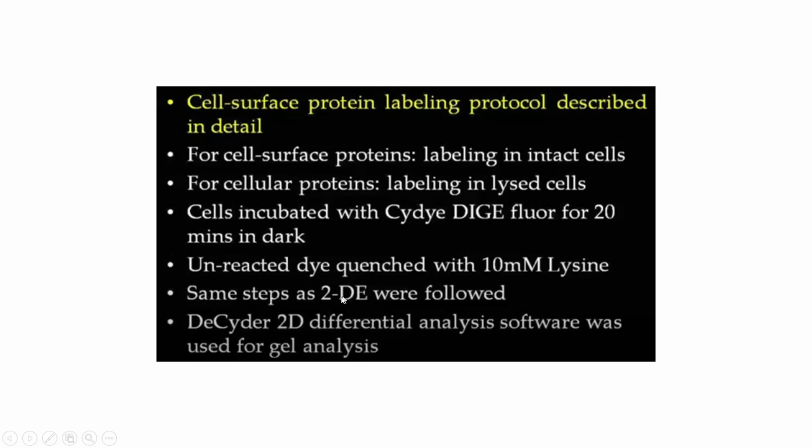Then the same steps as two-dimensional electrophoresis are done, that is isoelectric focusing and SDS-PAGE. Once you get the gel, the image is taken using Typhoon scanner, and the analysis can be done using DeCyder software.